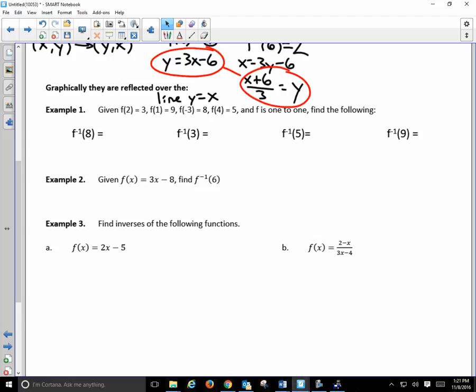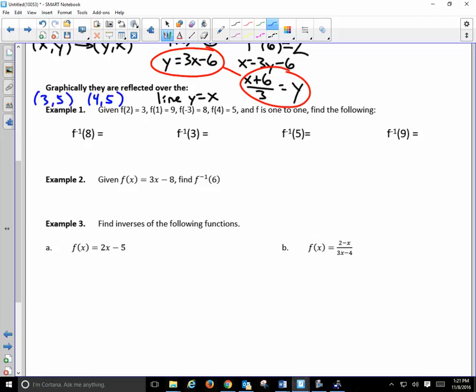Okay. Now, before we get into some concrete examples, I just want to lay one more piece of groundwork. I'm going to give you the function (3, 5) and (4, 5). If I ask you f of 3, what would you tell me? 5.